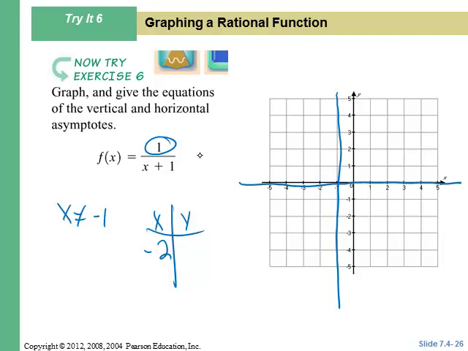Well, if x is negative 2, it's 1 over negative 2 plus 1, which is negative 1, right here. And the graph is going to go like this, which means our graph is also going to go like this. So if we try x equals 0, 1 over 0 plus 1 is 1. And if you notice, that's where we went through.